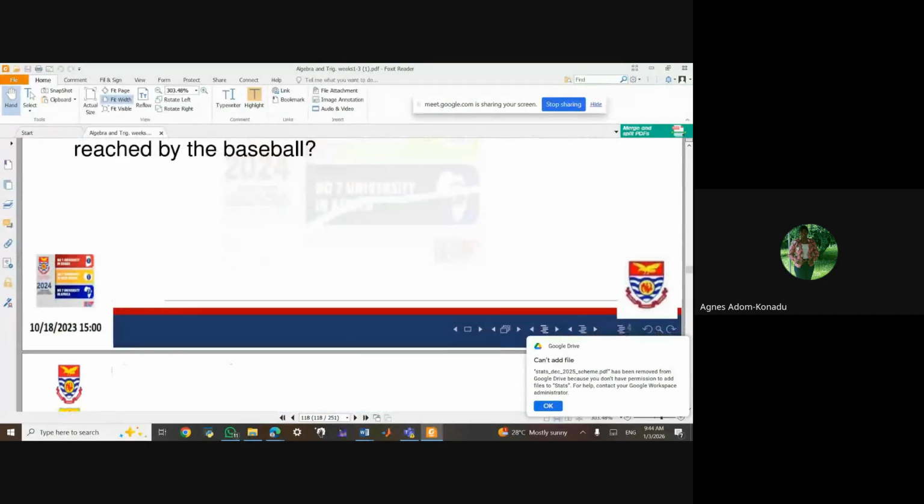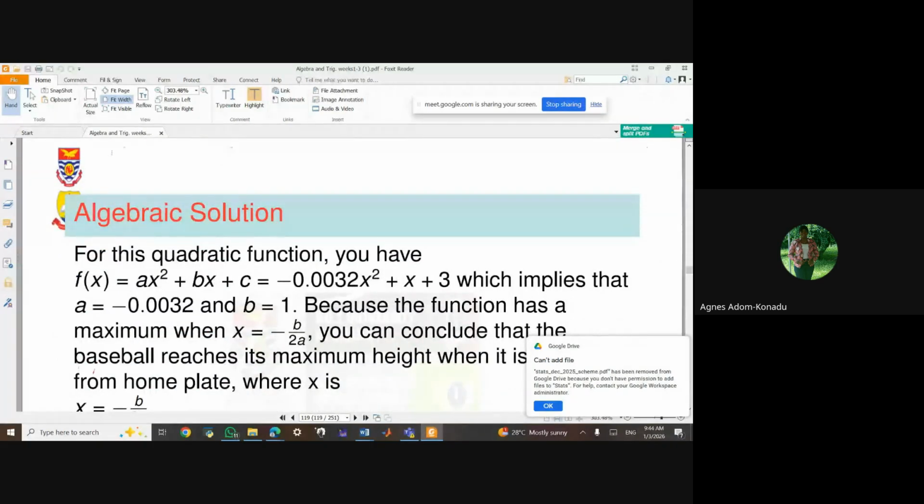So to do this, we have to solve. This is the quadratic equation: f of x is equal to ax squared plus bx plus c. Here my a is negative 0.0032, my b is 1, and my c is 3.